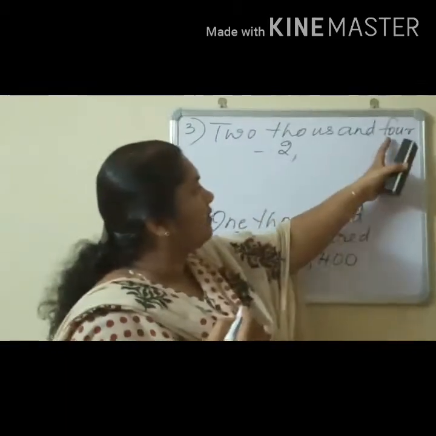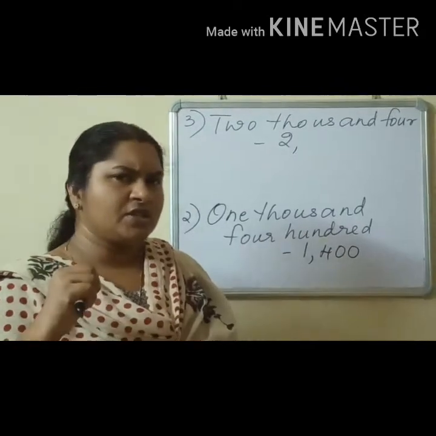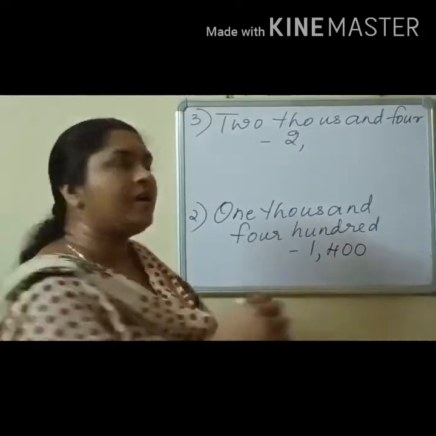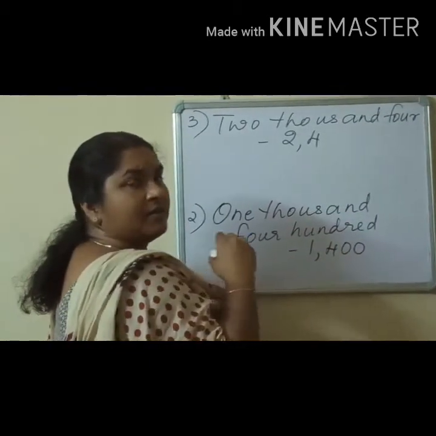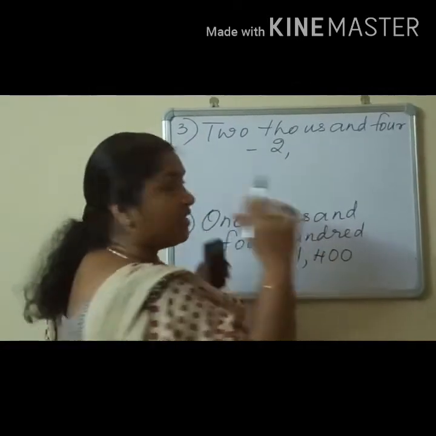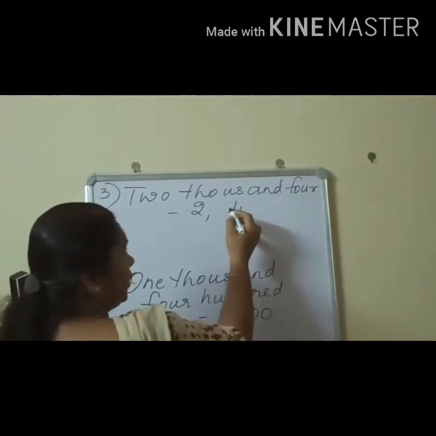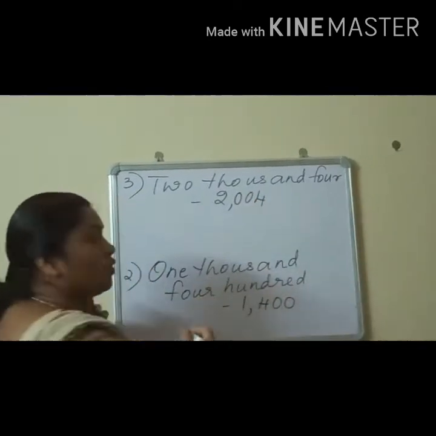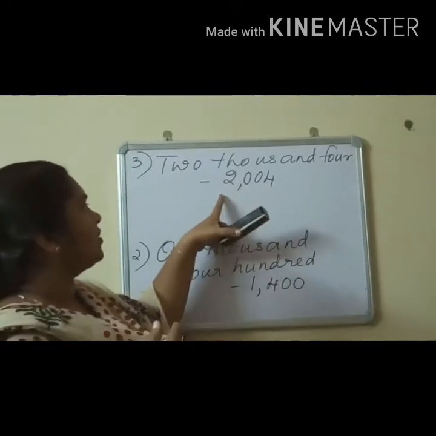And what we have here, the rest, 4. 4 is having how many digits? Only 1. So is it correct? No. Here we should have 3 digits. So 4 only we have here, then digit 4. So we should put 2 more zeros in front of 4. And now we can read 2004.